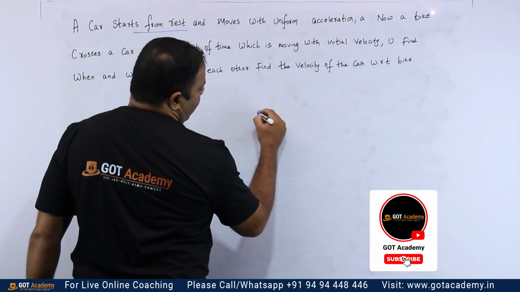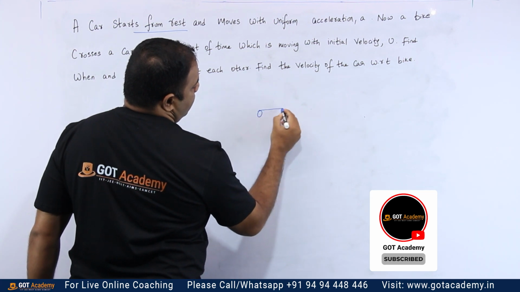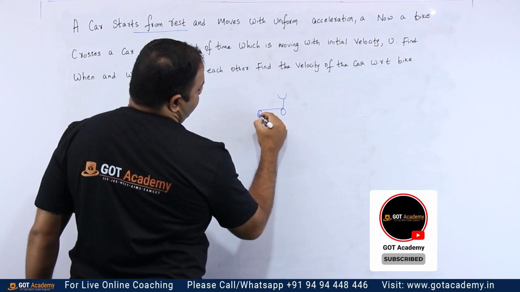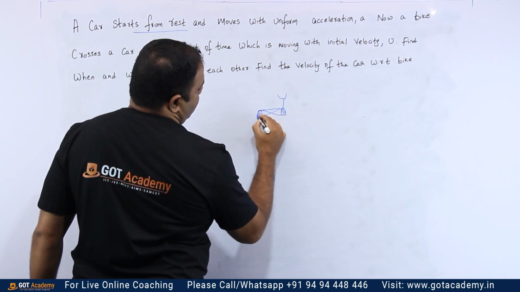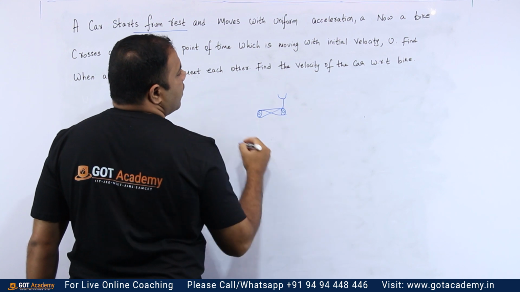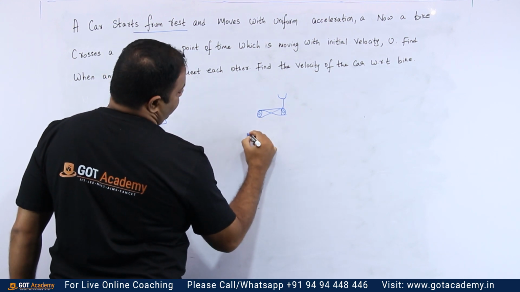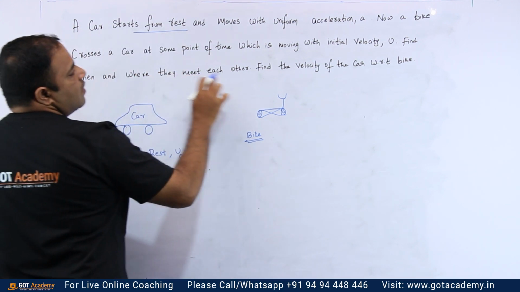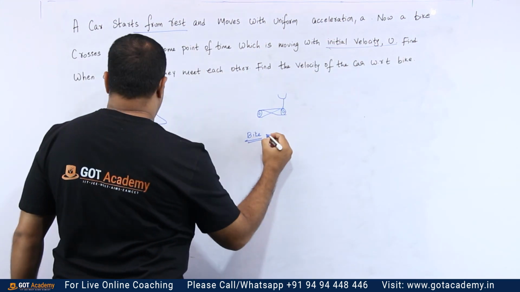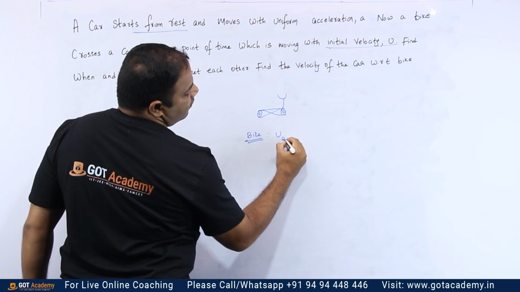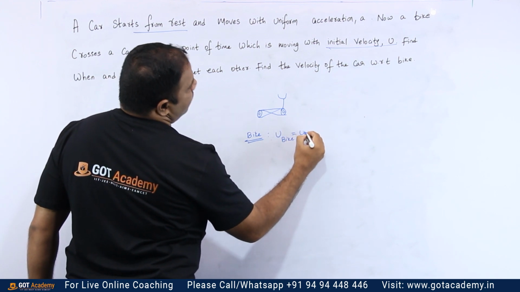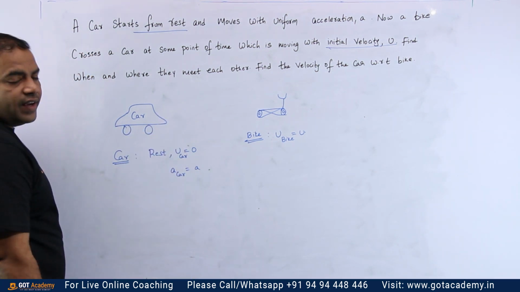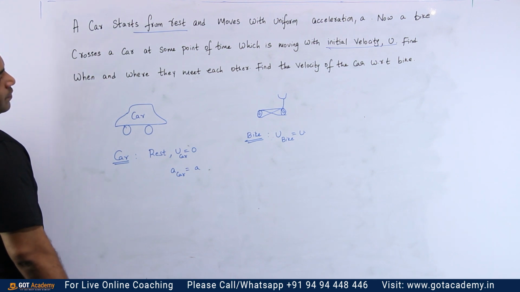On the other side there is a bike. Coming to the bike, it was given that the initial velocity of the bike is u. Now, a bike crosses a car at some point of time, moving with initial velocity u.